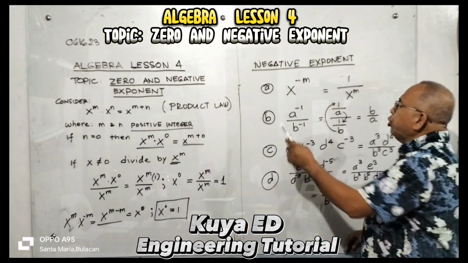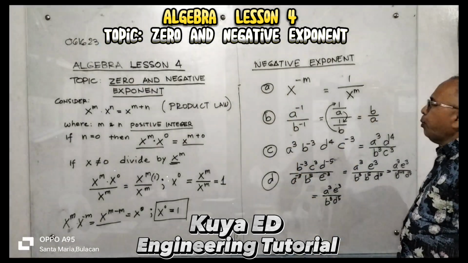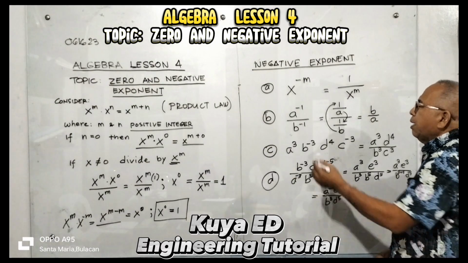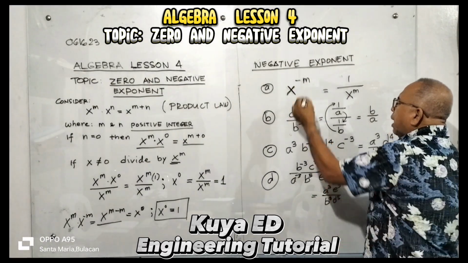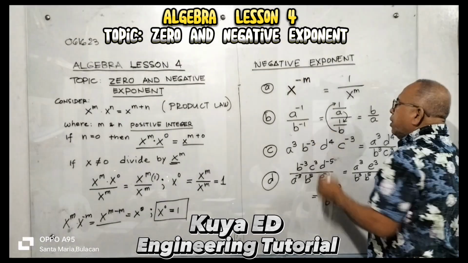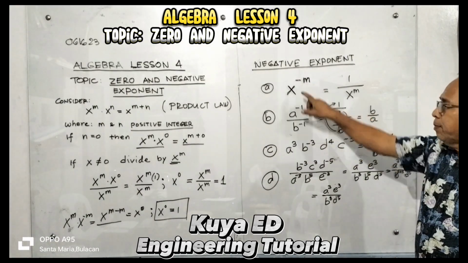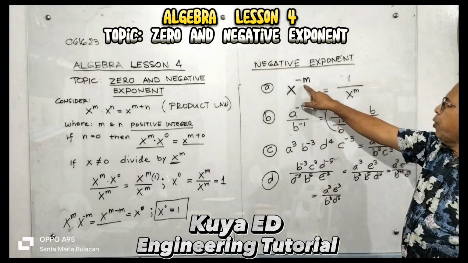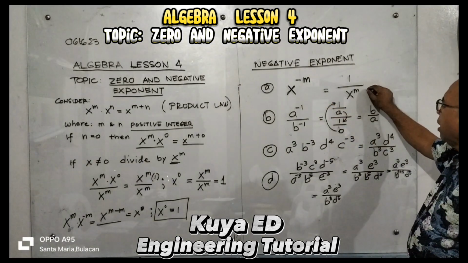Okay, so going to the negative exponent. Ang negative exponent, yung base natin, is x raised to the negative m. So, meaning, I will have a negative exponent. Yung negative exponent is equal to the reciprocal.